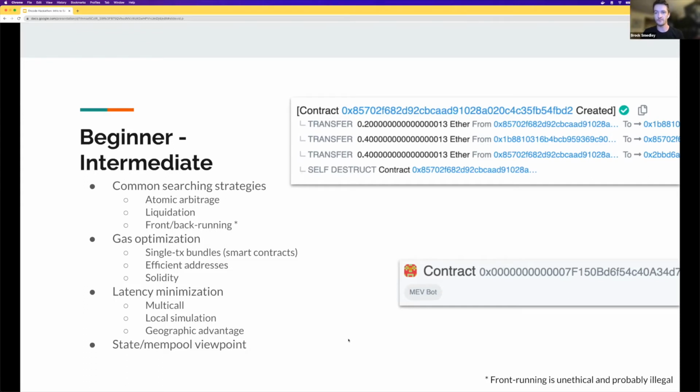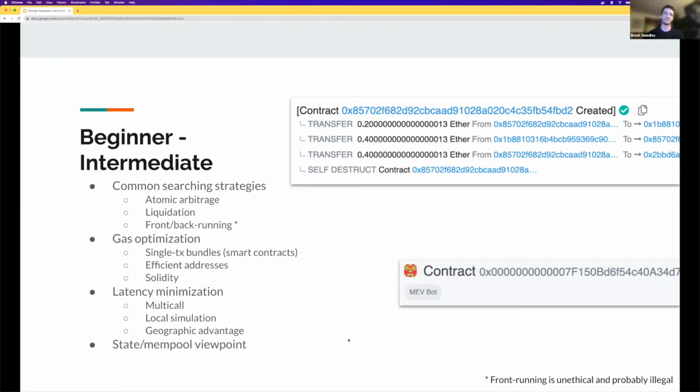So if you have searcher bots that are very latency sensitive, you might have better luck spreading those servers out geographically. Being closer to different nodes, or closer to wherever you're sending it, will give you a latency advantage. You can go crazy with that if you want.